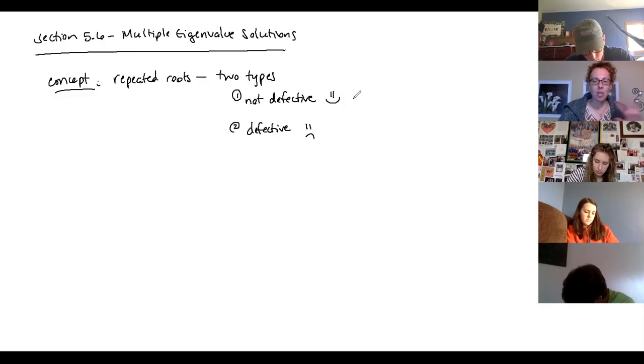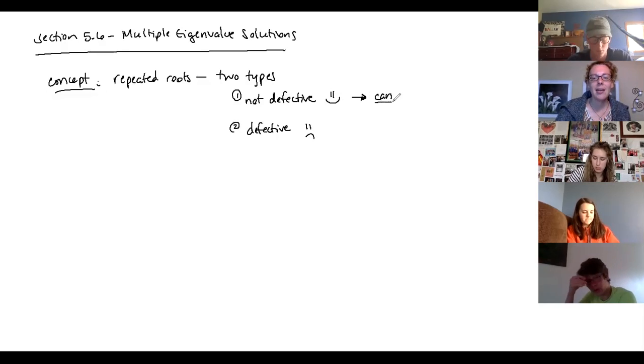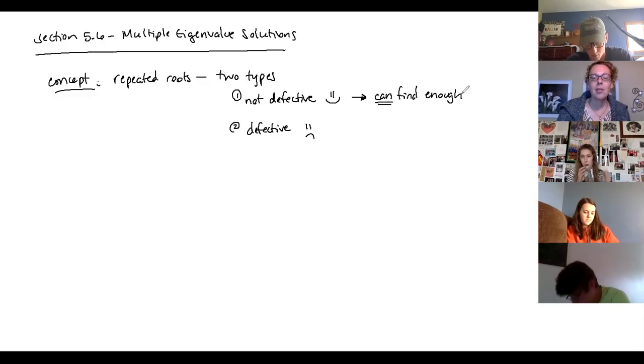I'm talking in generalities, and then I'm going to do an example and it will make way more sense, I promise. If we have a repeated root that is not defective, then we can find enough linearly independent eigenvectors.